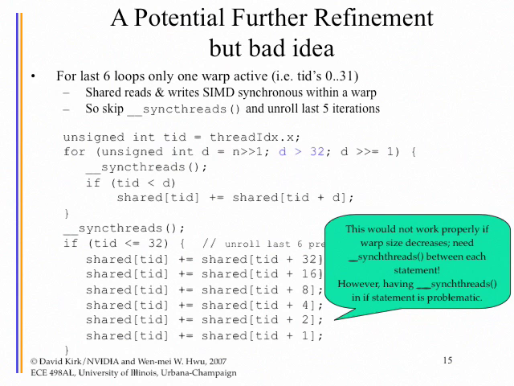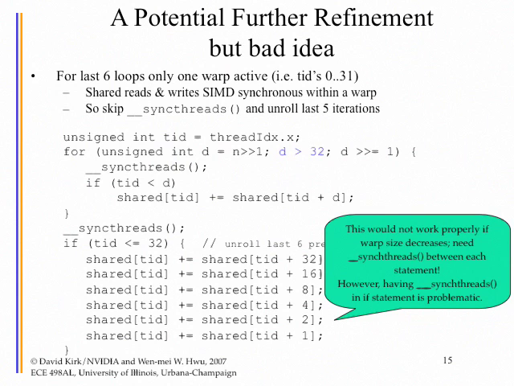Yes? If the warp size is different, is that code still correct? The code will be correct, but it may not be efficient. If the warp size changes, especially if it decreases, this code might not be correct because you've taken out the synchronizations in the if statement.